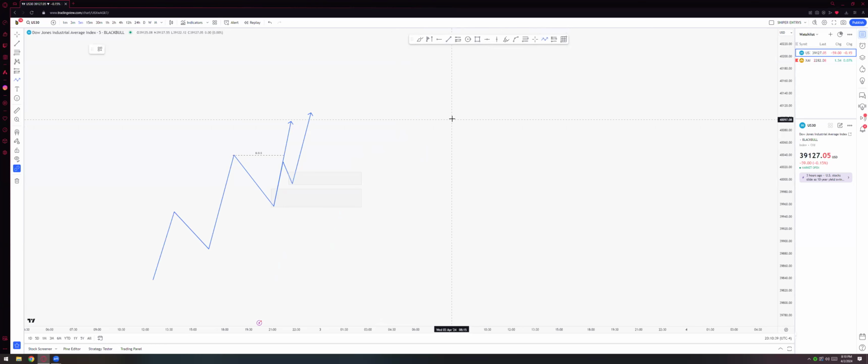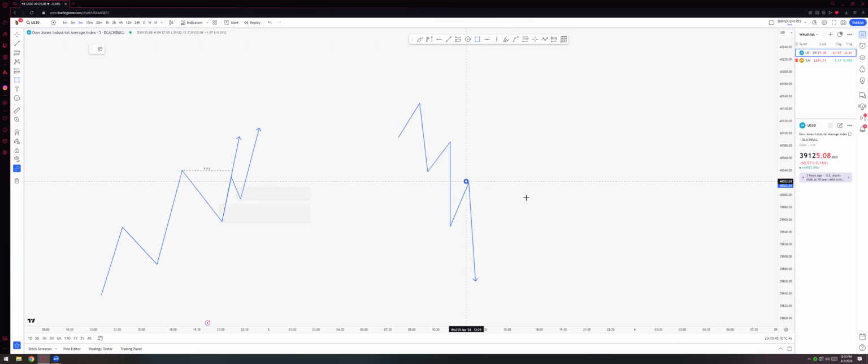Same thing happens on a downtrend. So for me, the order block for the sell is gonna be the last bullish candle, the last bullish candle that actually creates a new break. So we have a break of structure here, our new lower low. Then I'm gonna find the last bullish candle that created this break.